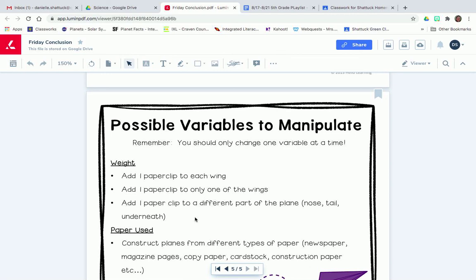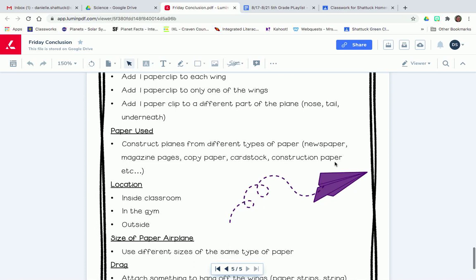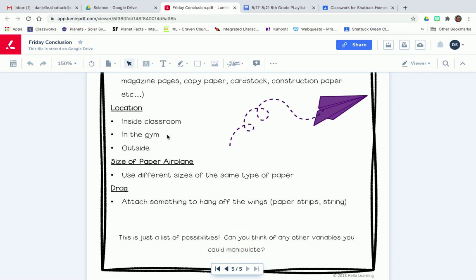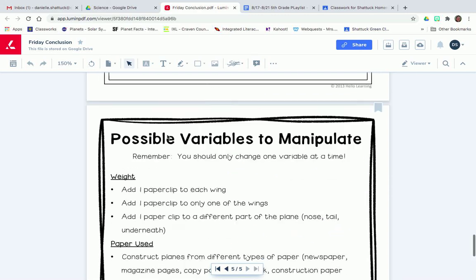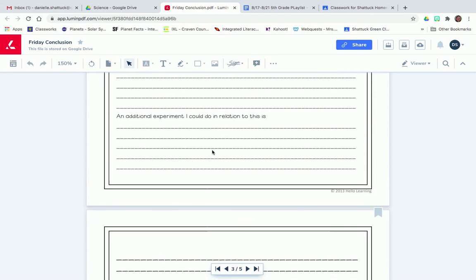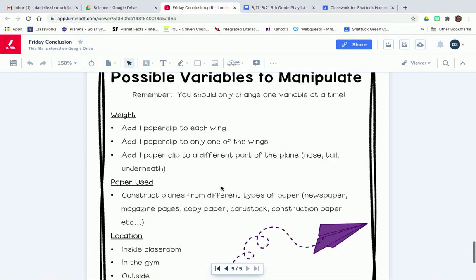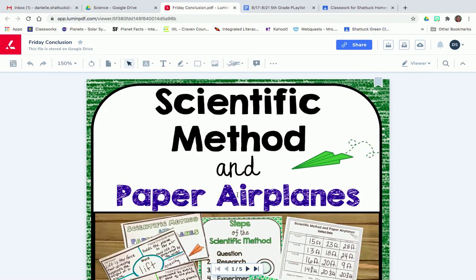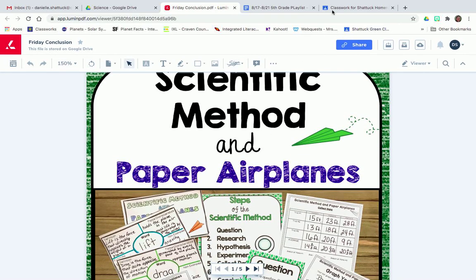So if I added weight, what would happen? Or if I changed paper, what would happen? Or if I went outside, what would happen? So this can help you figure out how to write an additional experiment that is related to this paper airplane experiment. Okay, so you need to fill out these sheets on your scientific experiment on paper airplanes.